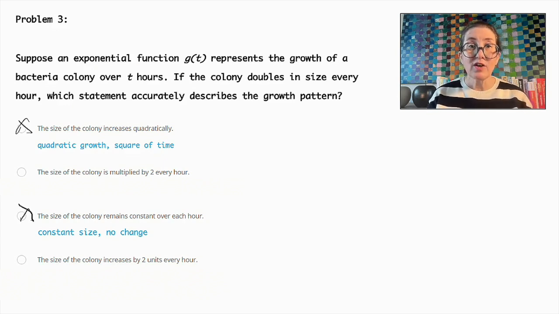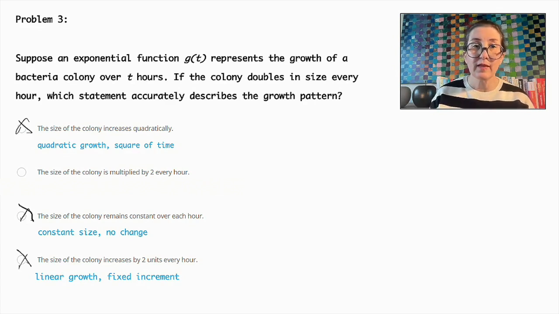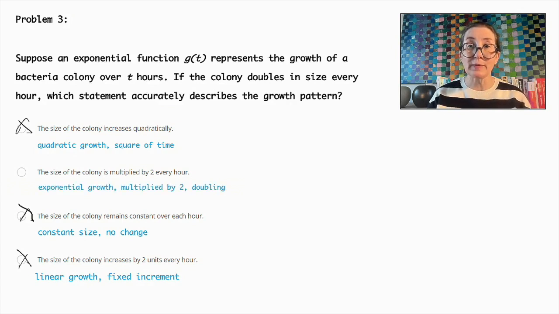Following that, the colony does not increase by 2 units every hour. That would be linear growth, not exponential growth. Therefore, the correct statement is that the colony doubles every hour. Exponential growth means the size is multiplied by 2 each hour.